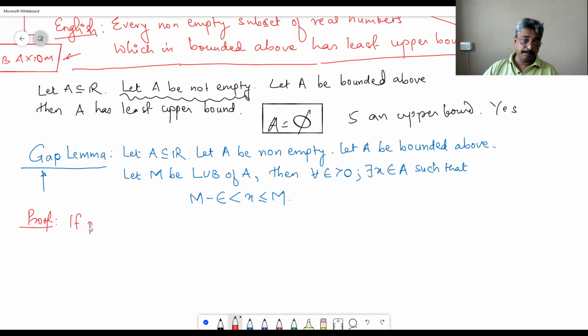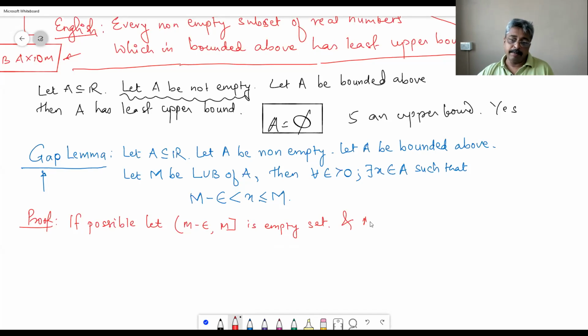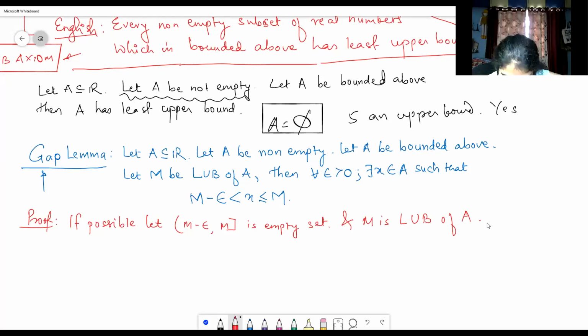So, if possible, let the open-closed interval from M minus epsilon to M be empty, and M is the LUB of A. So that set intersected with A will be empty, right?